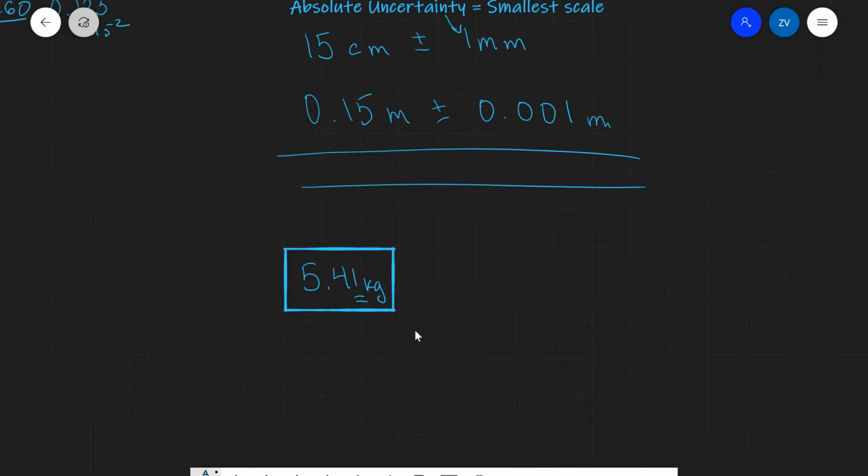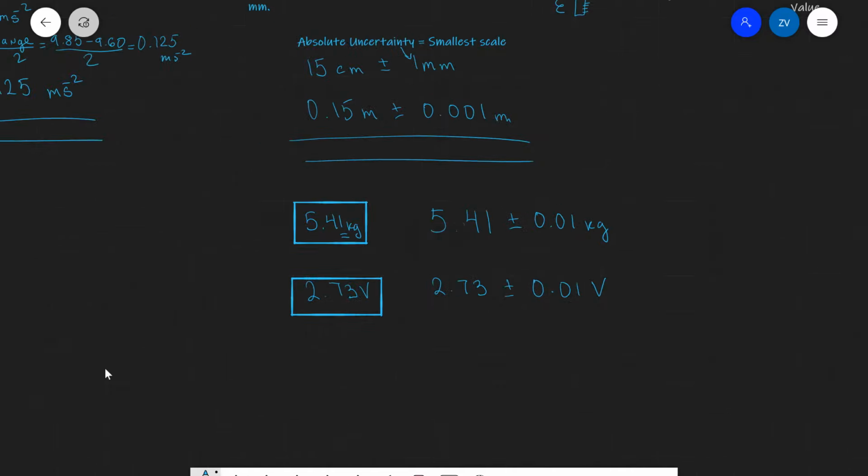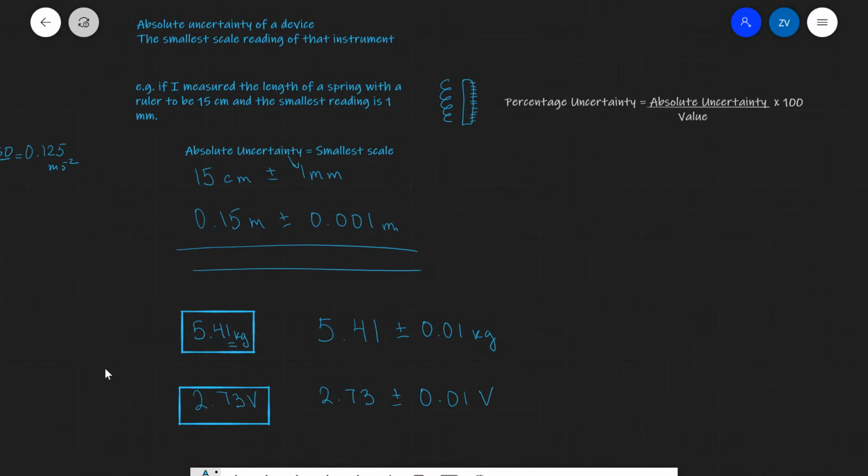For instance, that reading will be given by 5.41 plus or minus, now, the smallest digit on the scale is going to be 0.01 kilograms, and let's say that we had another reading, let's say in volts, so let's say we had 2.73 volts, then we could also write this reading as 2.73, because we can't really trust that last digit, I'm going to say plus or minus 0.01 volts.